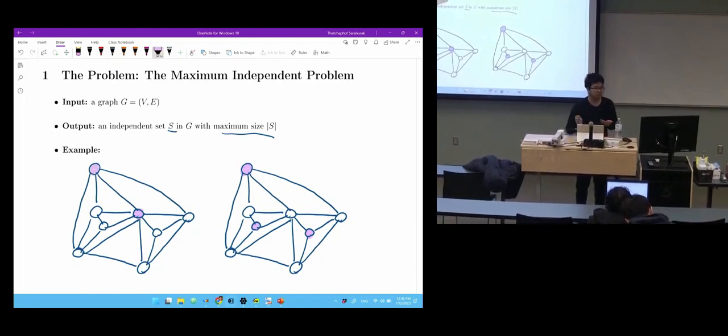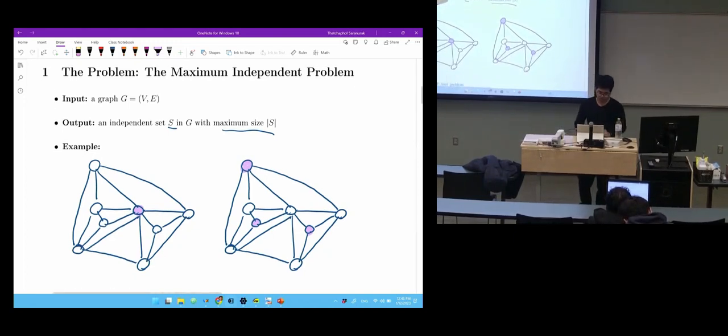This one is not independent anymore because of this edge. Okay. So this one is not maximum. This one might be maximum, and I think it is the maximum one, actually. But it's not clear how to find one.